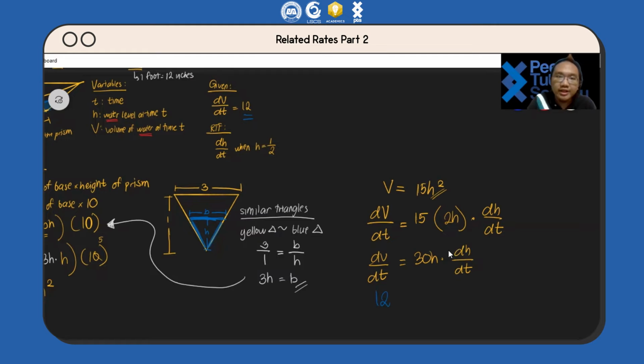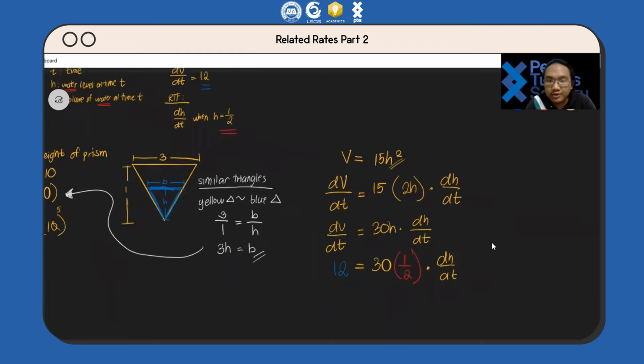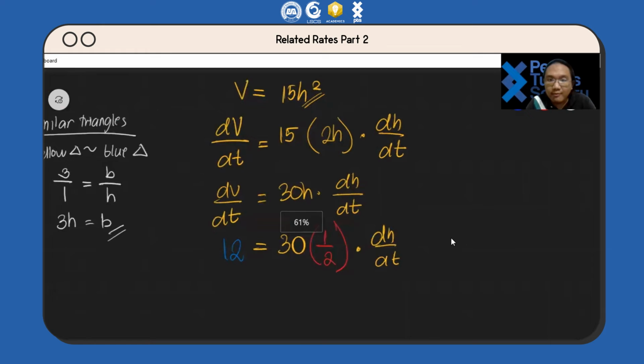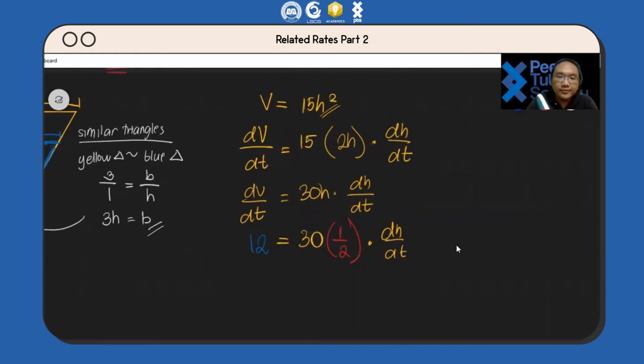We want to find dh/dt when h is equal to 1/2. So let's do it. 30, h is equal to 1/2, multiplied by dh/dt. Let's just focus on this part of the whiteboard for now. Let's simplify this. 12 is equal to 15 multiplied by dh/dt.